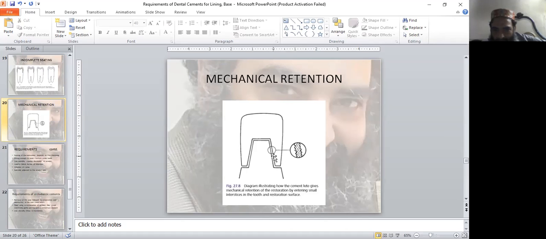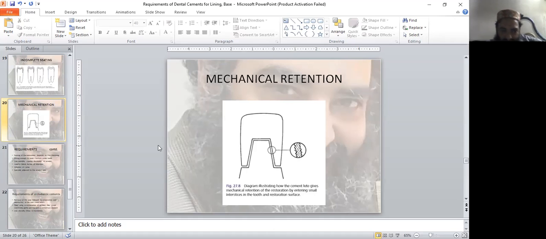So the inner surface of the crown also reflects the crisscross structure like we have created through the cutting bar on the tooth structure. So these two surfaces appear like this.